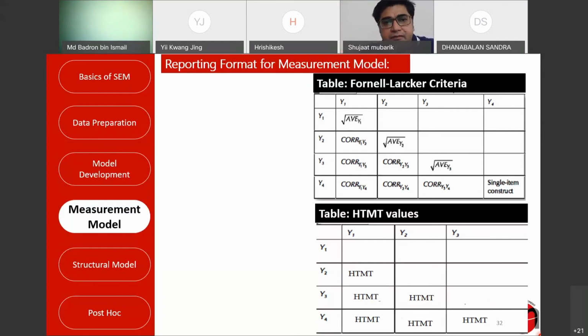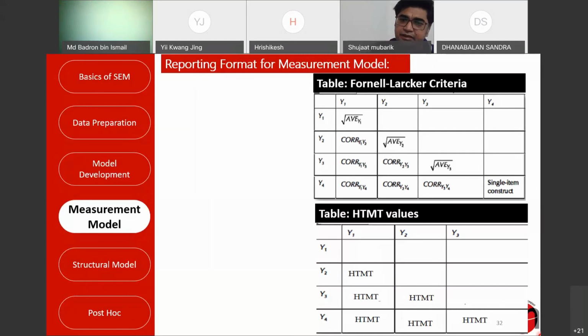For the formative model, whether a model is formative or reflective depends primarily upon the theory. It originates from the theory of that particular concept or idea, whether the construct is being formed by the various items or those items are the reflection.